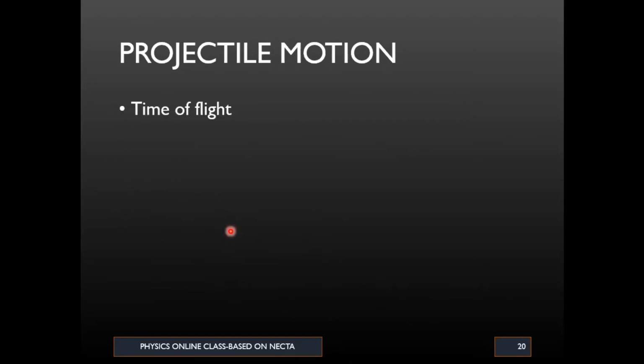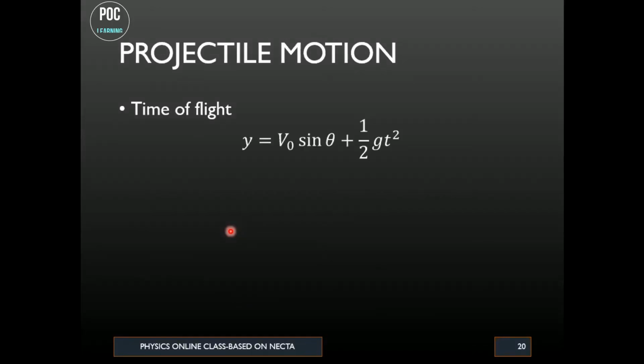Time of flight. We obtain the time of flight from our usual equation: y is equal to v naught sine theta t plus a half g t square. Now, when we say time of flight, we put the angle of projection equal to 0 here. Sine of 0 will make this term equal to 0.